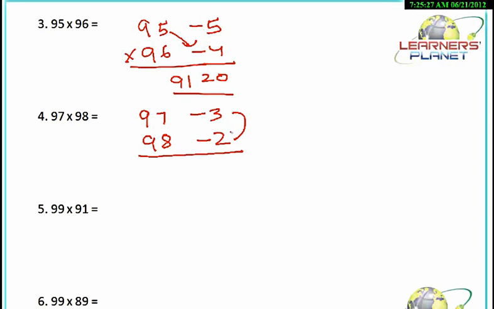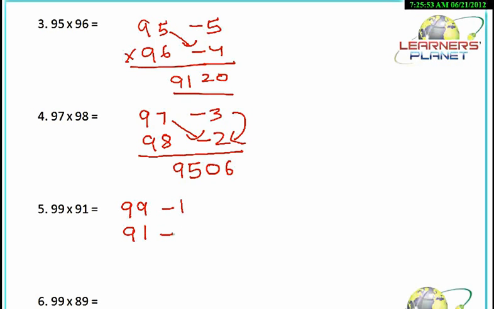So 3 twos are 6, but we will write 06. Now with the cross subtraction, 97 minus 2, we'll be getting 95. As a whole, the calculation becomes 9506.